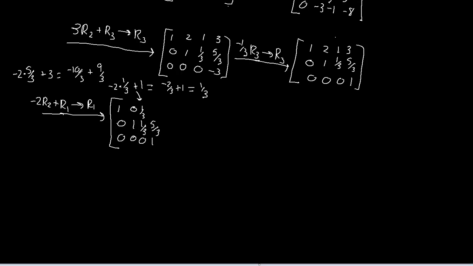Right, so -10/3 plus 9/3 is going to be equal to -1/3. Okay. This matrix looks ugly. I know. That's okay.